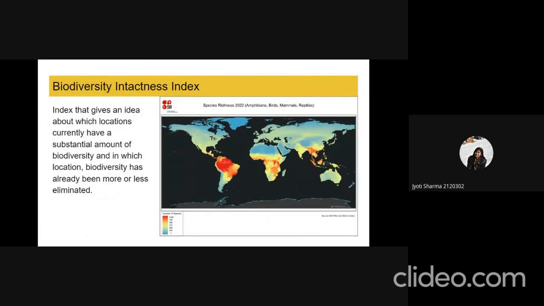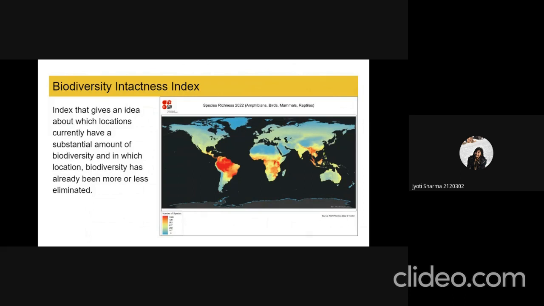Okay, then we have the biodiversity intactness index. So this index gives us the idea of which location currently has a substantial amount of biodiversity. So that if we have such an idea, then we can create the reserve or sanctuary or the national park in that area in which we have a larger amount of biodiversity.